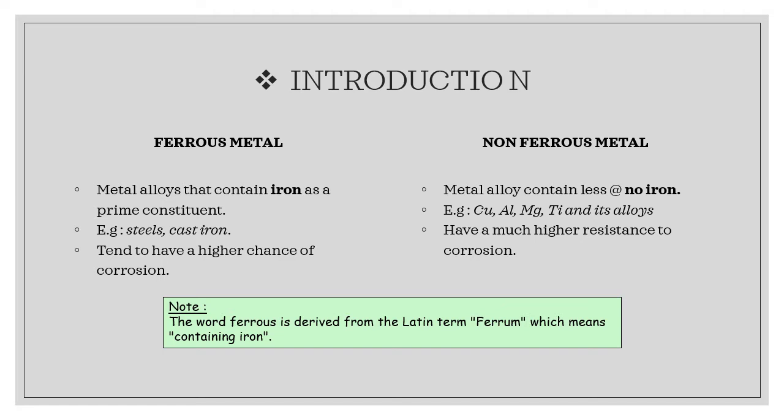There are two types of ferrous metal, which are steel and cast iron. Because of the presence of ferrum, it tends to have a higher chance of corrosion. Non-ferrous metal is a metal that contains less or no iron, for example copper, aluminium, magnesium, titanium, and many more. It has much higher resistance to corrosion.